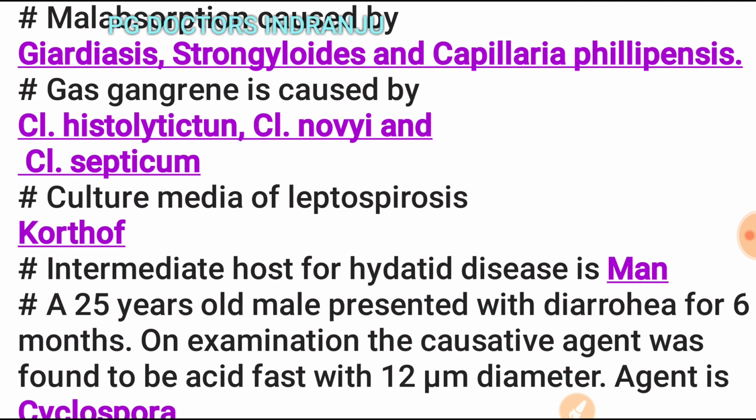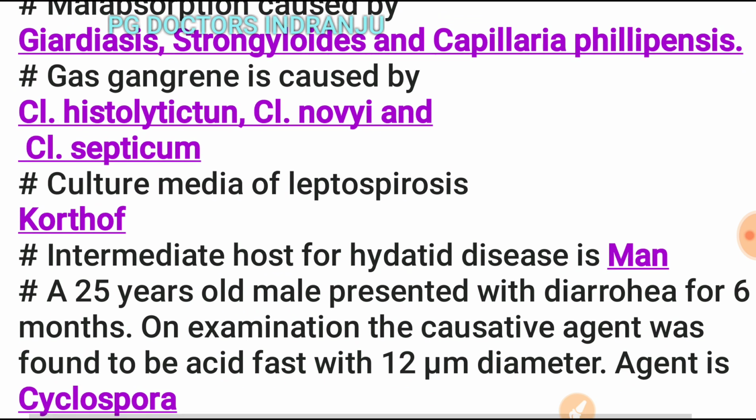The culture medium of leptospirosis is Korthof. Growth of Leptospira occurs in a medium containing either serum or albumin plus polysorbate, and in liquid media containing rabbit serum, as described by Fletcher, Korthof, Noguchi, and Stewart.